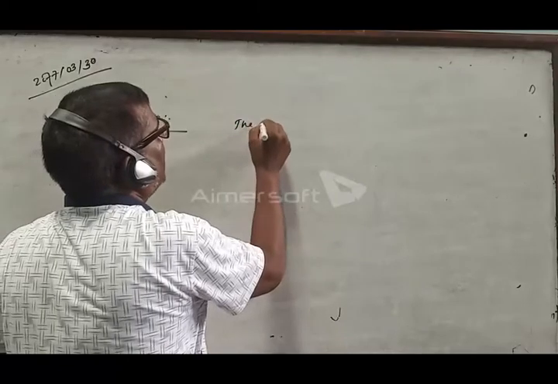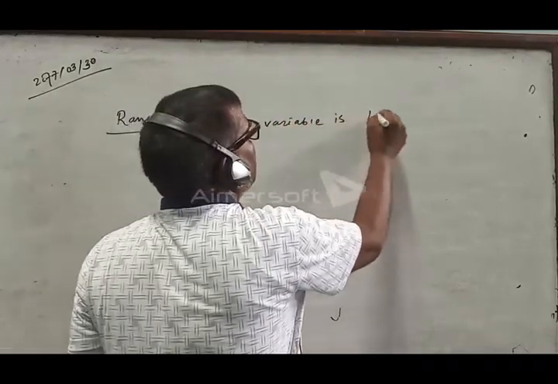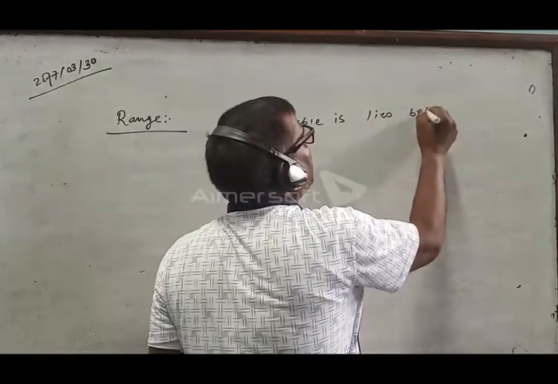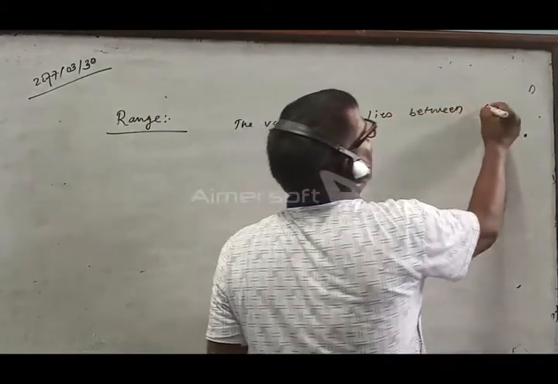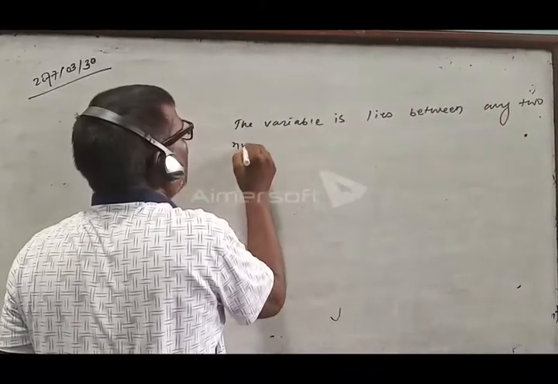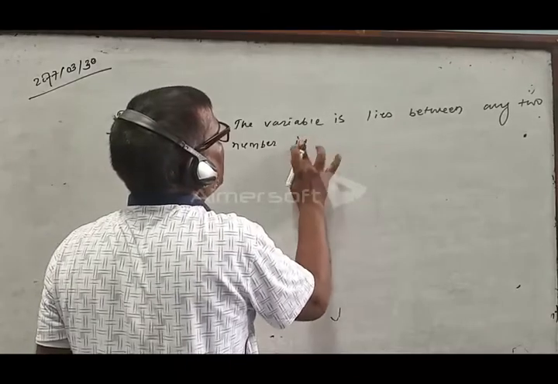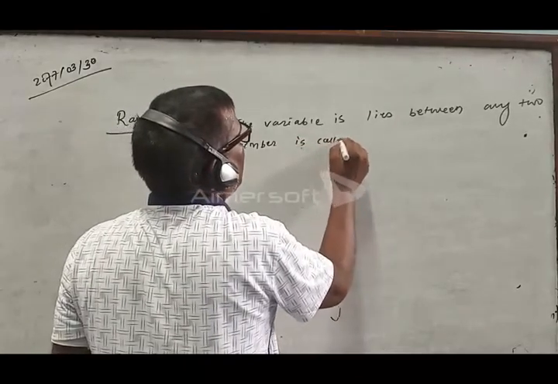The variable lying between any two numbers is called range.